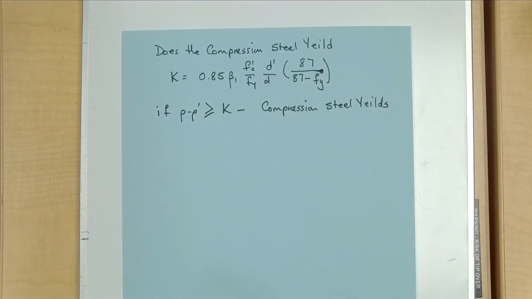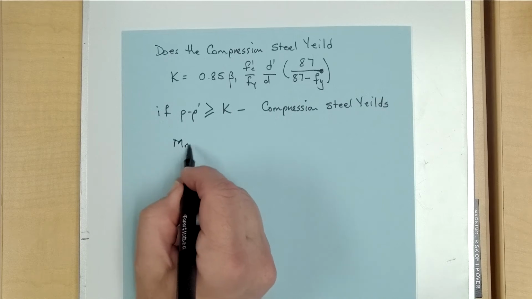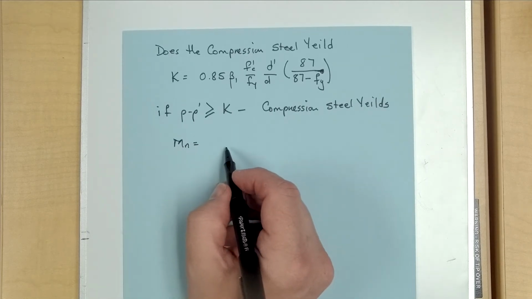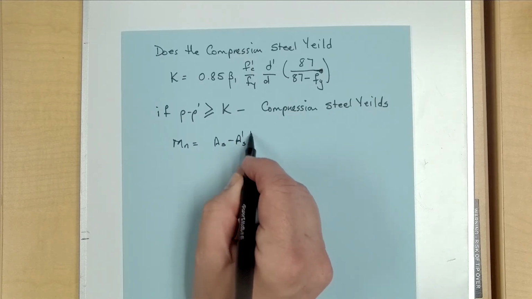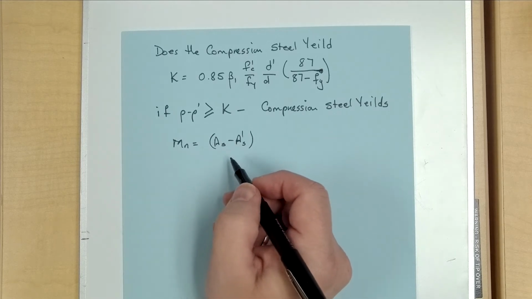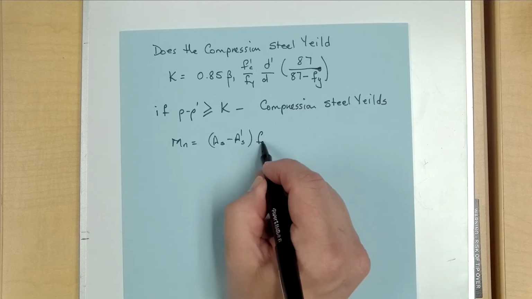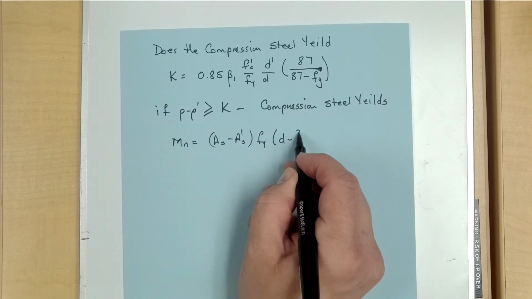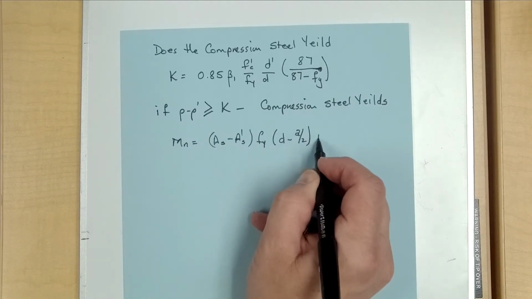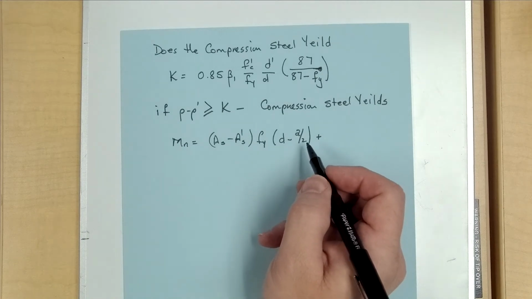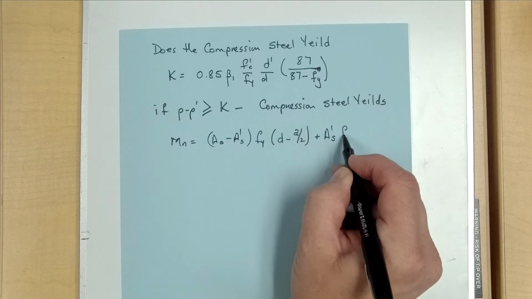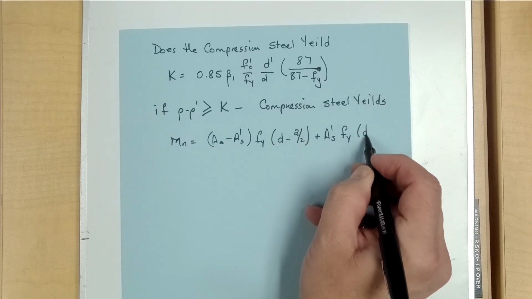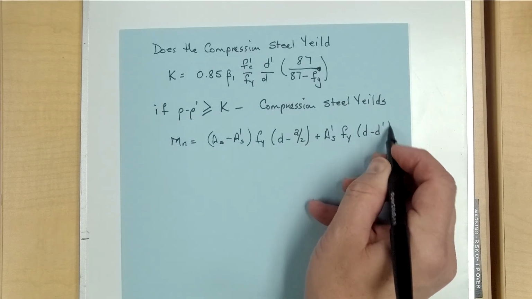If that's true, then our nominal moment capacity is equal to A sub S minus A prime sub S multiplied by F sub Y, D minus A over 2, plus A prime sub S F sub Y, D minus D prime.